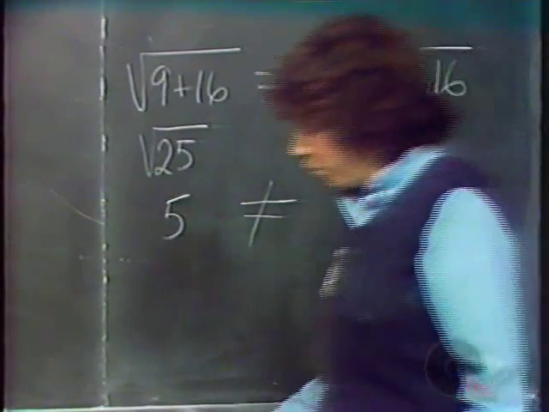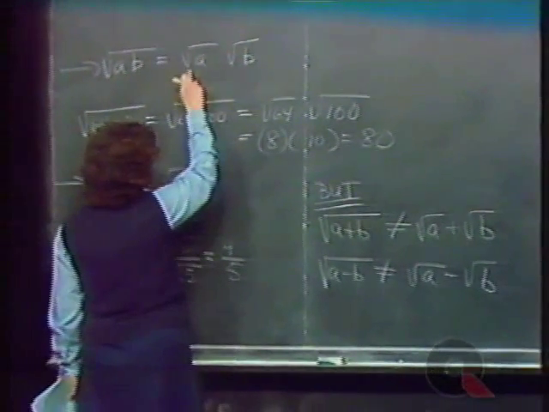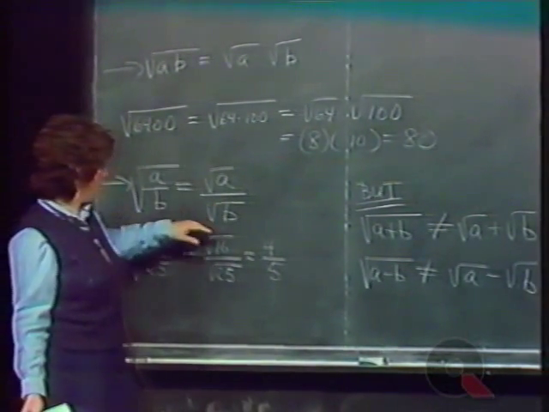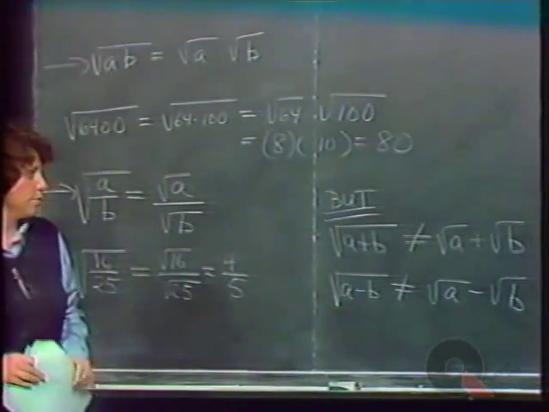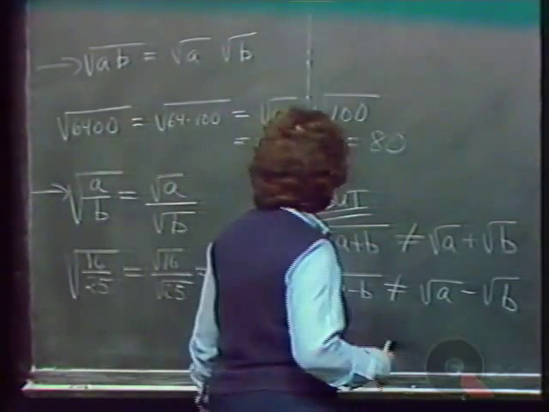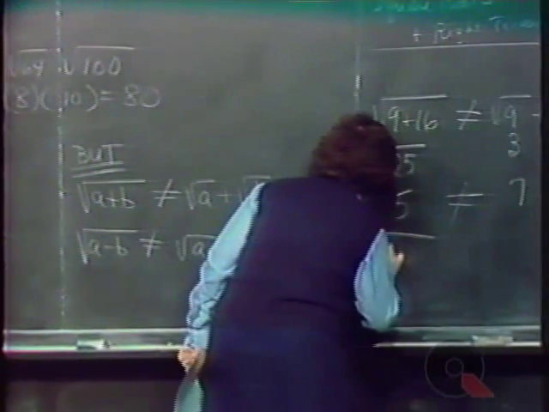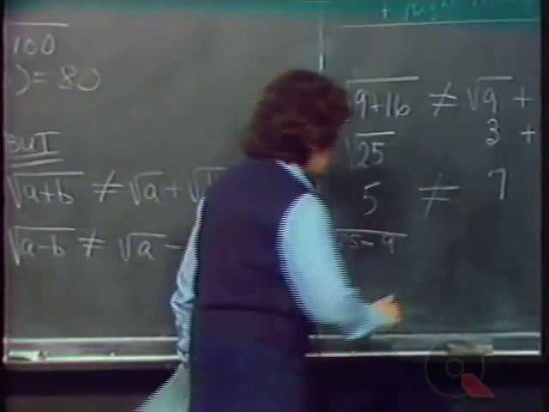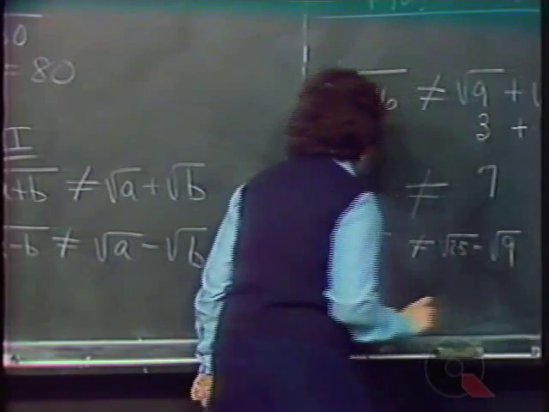It is true that it worked for multiplication. The square root of a product was the product of the square roots of the factors. The square root of a quotient was the square root of the top over the square root of the bottom. However, it does not work for addition and subtraction. And similarly, if you had the square root of 25 minus 9, this is not equal to the square root of 25 minus the square root of 9.